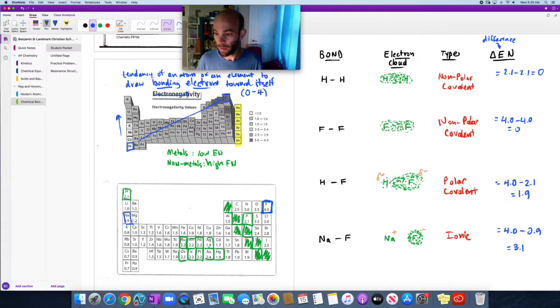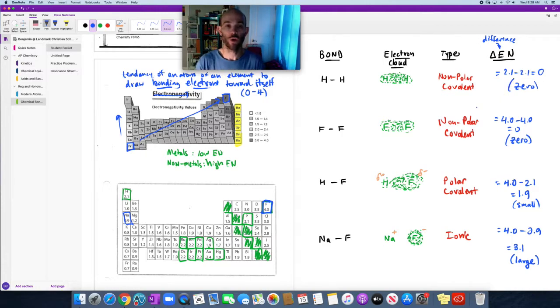And for ionic bonding, you get a large difference. So let me just kind of classify this as large. This is small. And these are, of course, 0, no difference in electronegativity. And those are the 3 types of chemical bonds you need to know about: nonpolar, polar, and ionic.